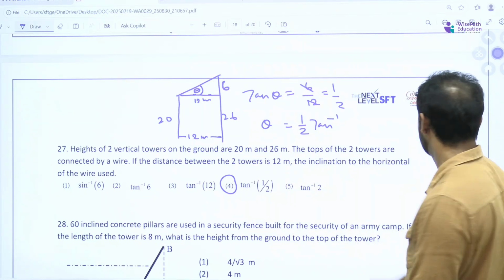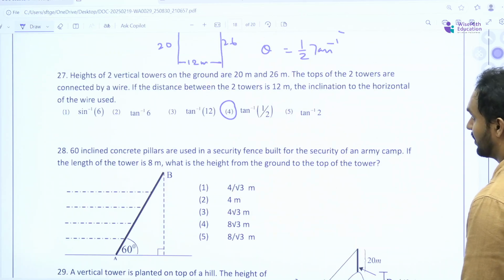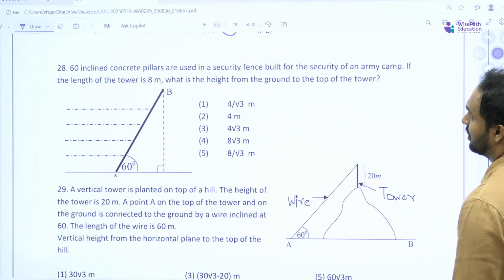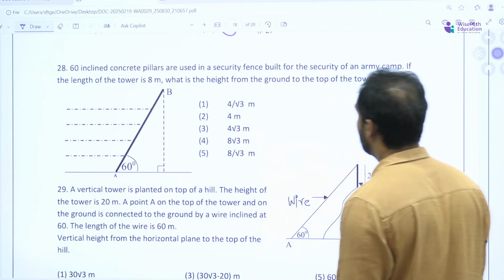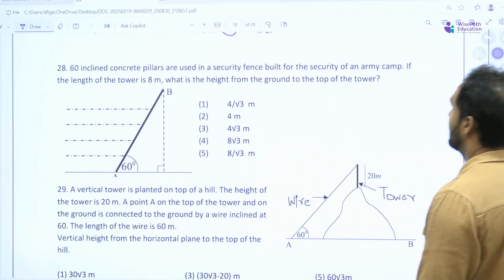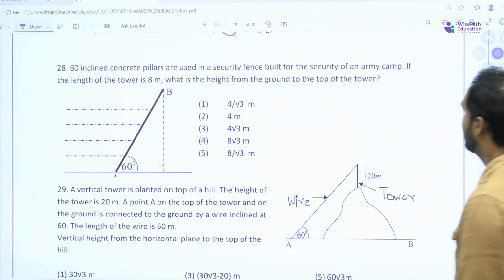Finish? Right. Shall we go to the next question? This one. 60 degrees inclined concrete pillars are used in a security fence built for the security of an army camp.